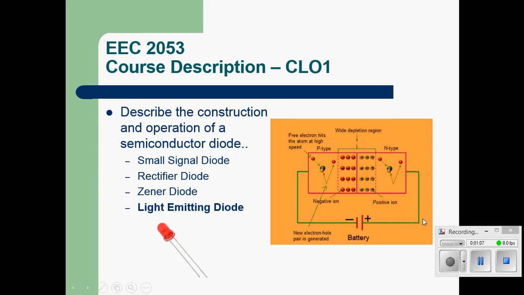Okay, the first learning outcome of this course is about diodes or semiconductor devices. You've already had some experience with this device by using an LED. If you remember, we did 1 or 2 experiments using the LED, and if you put the LED in the wrong direction, the circuit would not work.